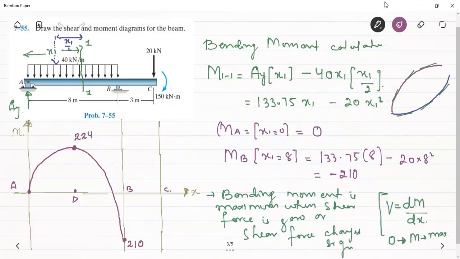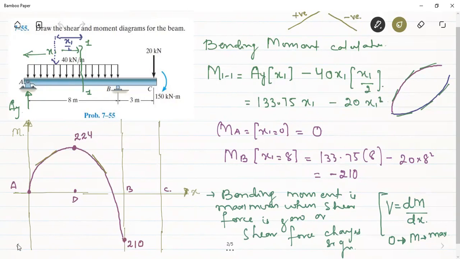Therefore, if I draw a tangent here, this tangent has a positive slope. This line is a positive slope line. But see the tangents drawn from D to B. If I draw a tangent from D to B, I will get this tangent, which has a negative slope, and this tangent has a positive slope.